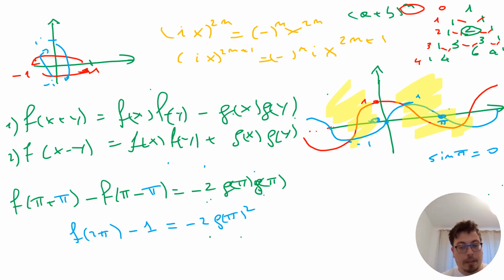g of pi is 0, so this side is 0, so f of 2 pi plus 1 is equal to 1, which is true because the function f, which should look like the cosine, at 2 pi, which is down here, is exactly the same point as here, which is 1.